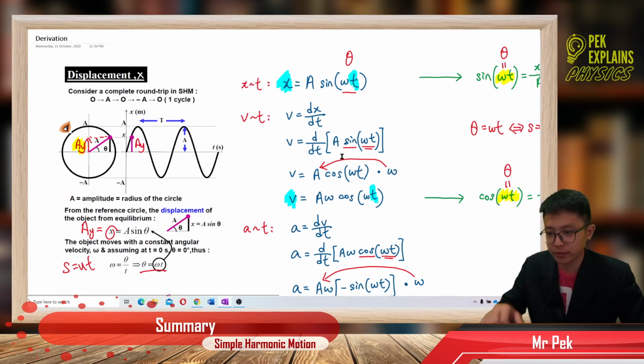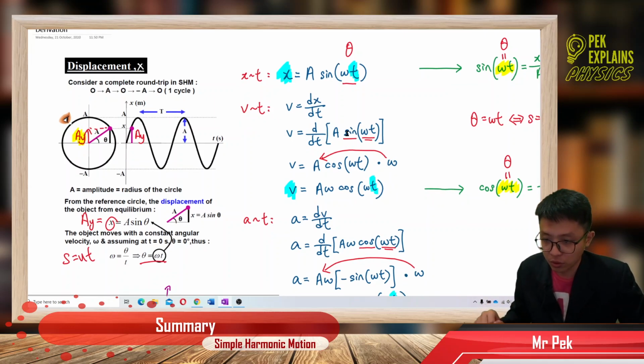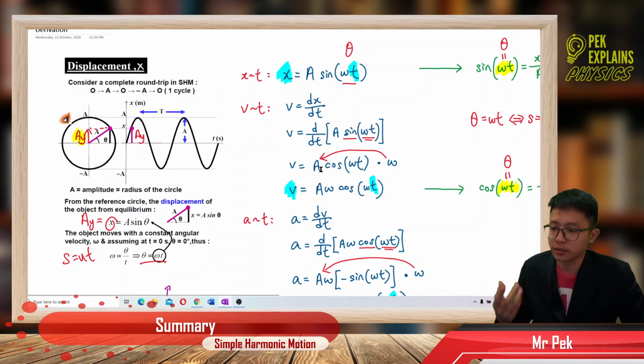How do we differentiate? We differentiate outside, then we differentiate inside. A is still A. If we differentiate sine, we get cos. After that, omega t we just copy back.